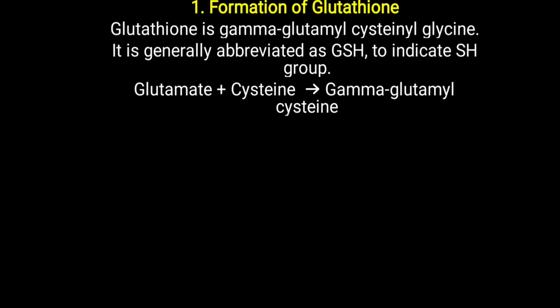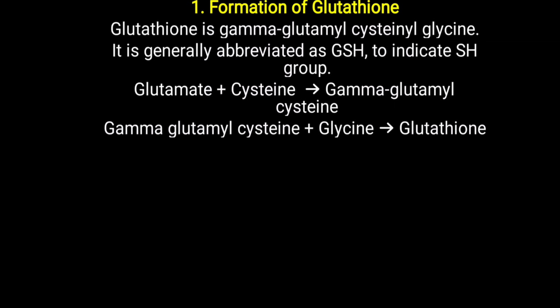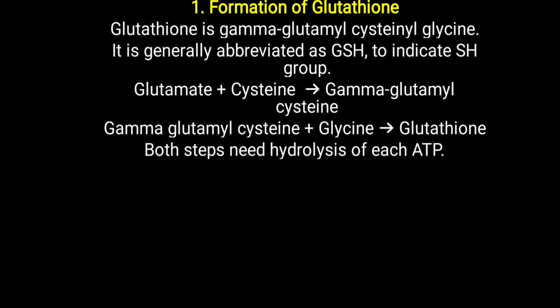Glutamate, meaning glutamic acid, and cysteine combine and make gamma glutamyl cysteine. So here 2 amino acids are combined. Further, this gamma glutamyl cysteine combines with one more amino acid, glycine, and that finally produces glutathione. So glutathione is a tripeptide, containing 3 amino acids, but it has only 2 peptide bonds. So you have to remember that tripeptide does not mean 3 peptide bonds.